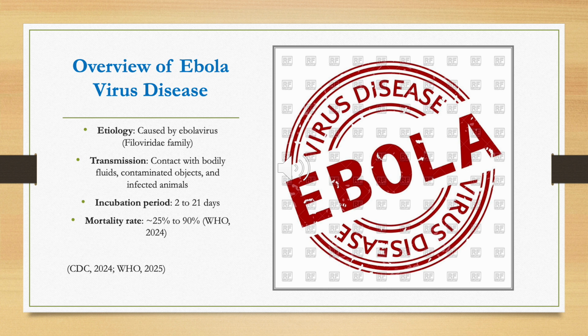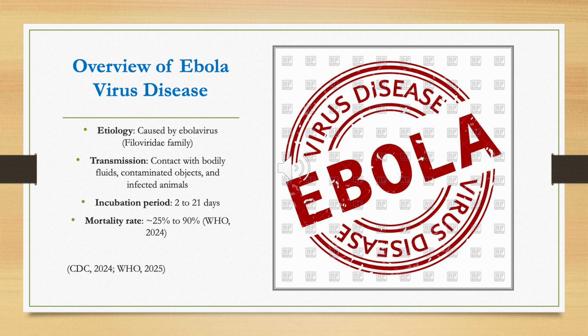Ebola has a highly variable mortality rate, ranging from 25 to 90%, depending on the strain and the timeliness of medical intervention. The virus has caused multiple outbreaks in sub-Saharan Africa, and its highly infectious nature makes it a global health threat.